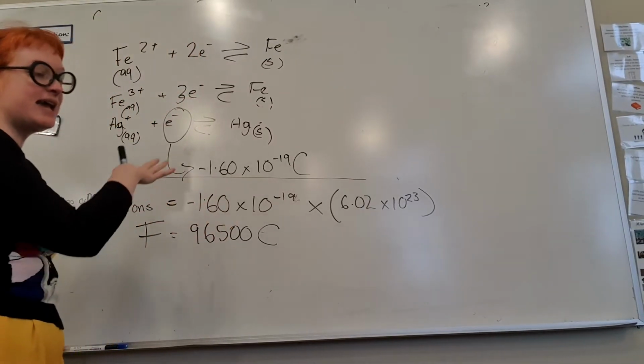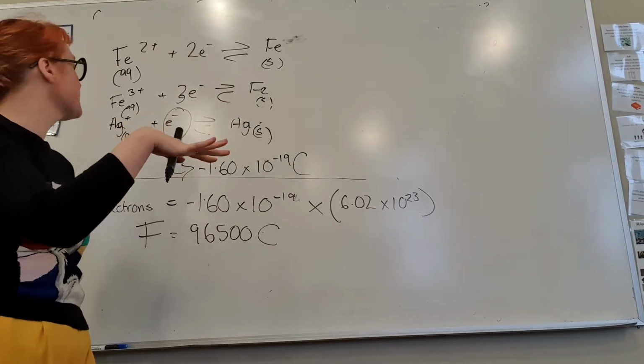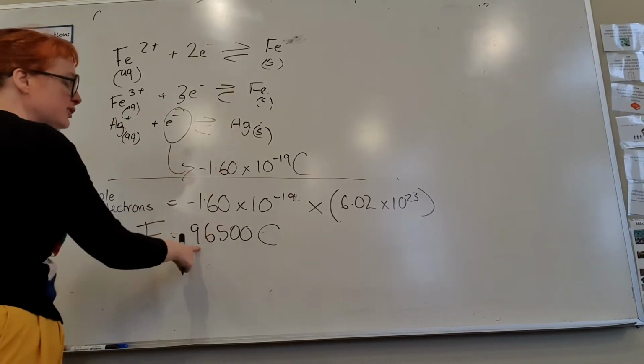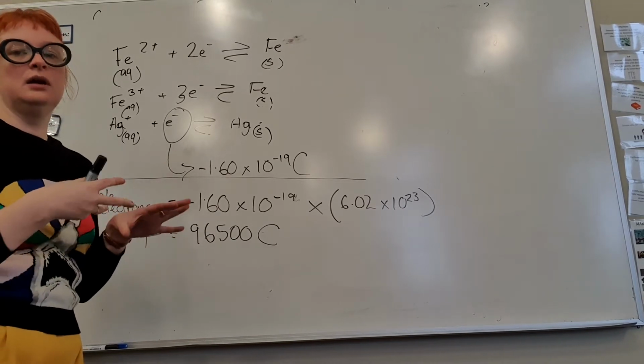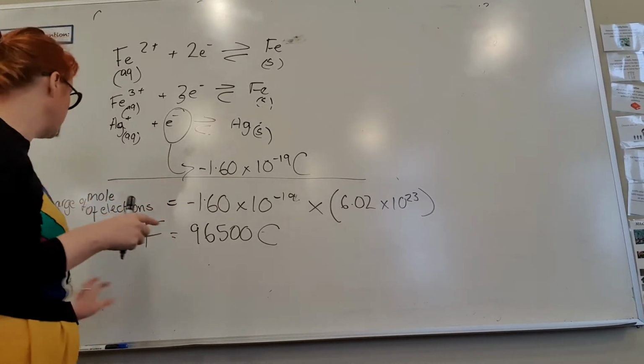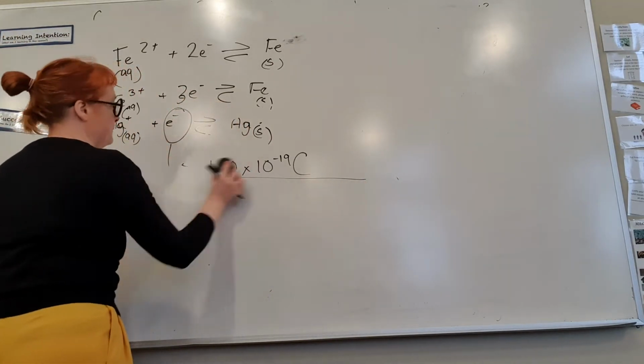If I've got any number of electrons, this is why I think the one-to-one thing gets confusing. I can use the information I've given, and I can work it out. And this is all numbers in your data book, so this is not stuff you have to remember, just how to use it, not what it is.